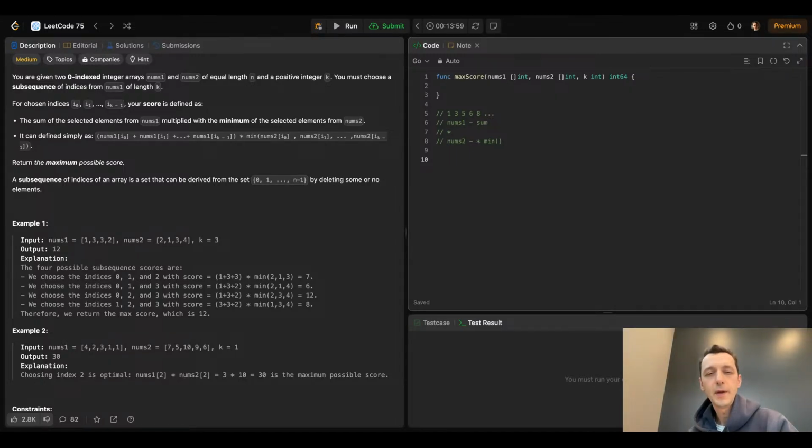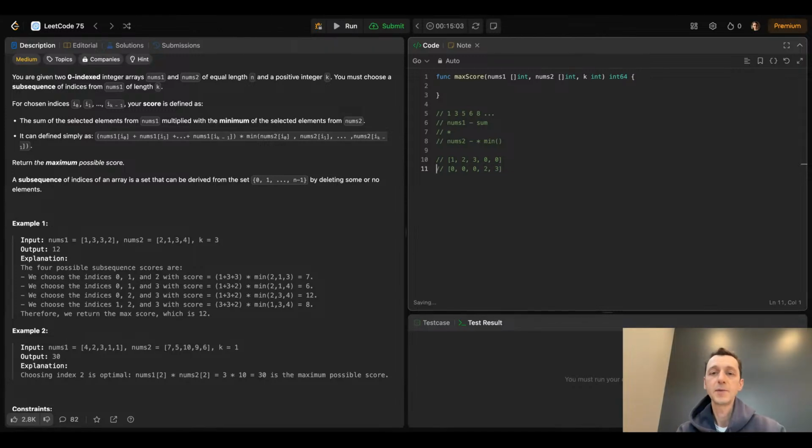It could be the case that when we prioritize bigger ones on nums2, when we sort them by nums2, we get zeros in the first one. Yeah, we might get that.